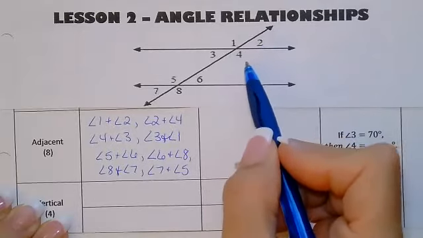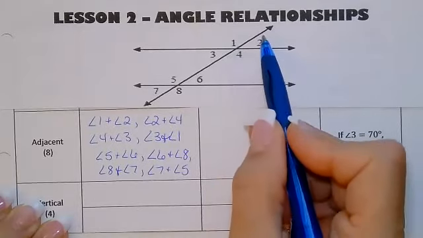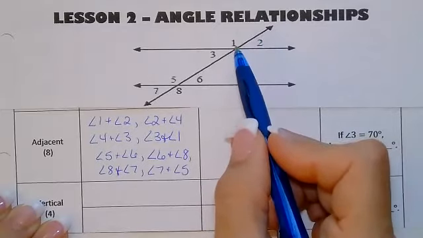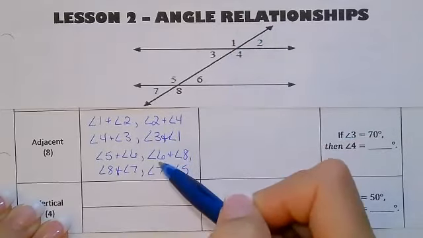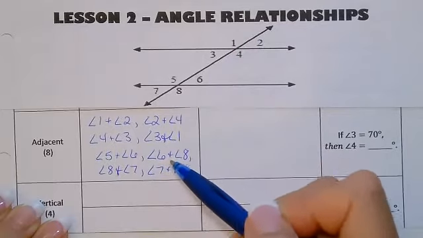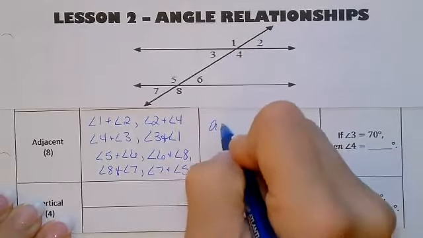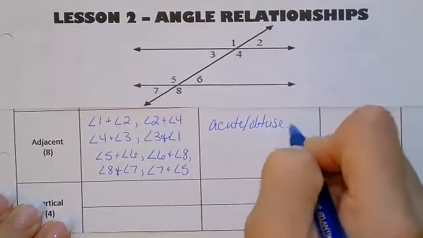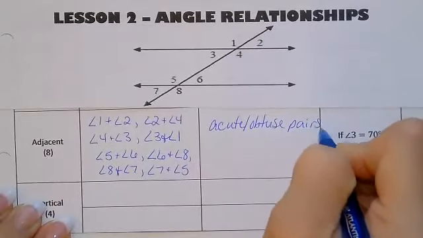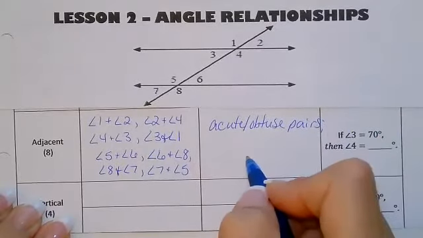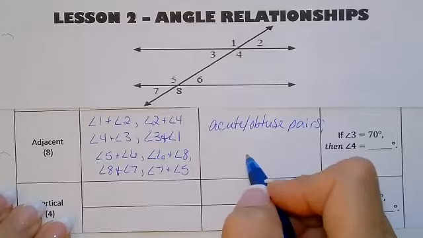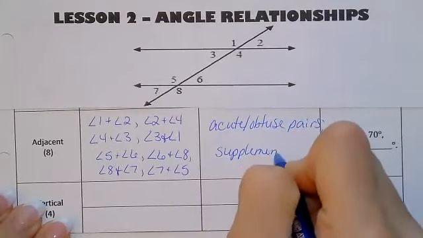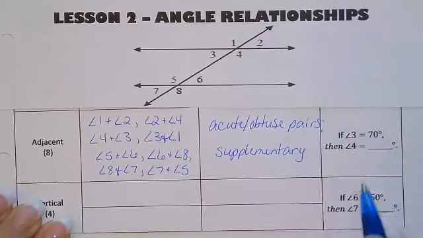If I put them together, again, I get a straight line, 180 degrees. So these angle pairs are all acute obtuse pairs, which means the sum of them is supplementary or 180 degrees.